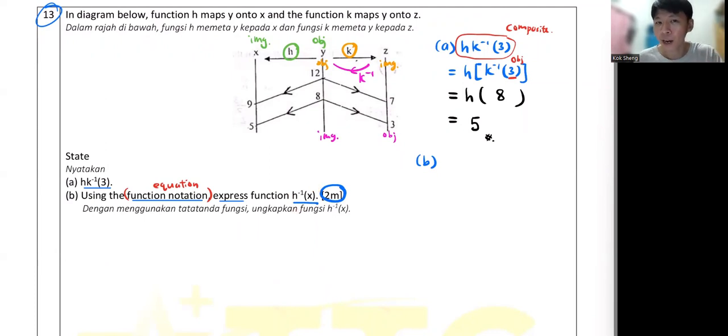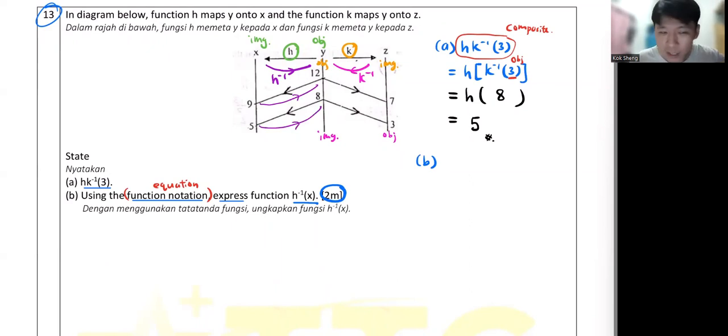So you have to find the equation of h negative 1. Look at your graph here again. H is over here. So your h negative 1 will be the object and image reversed. You can see the numbers here go from left to right.